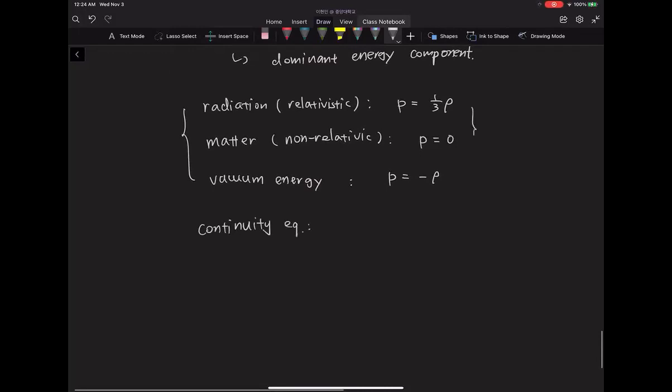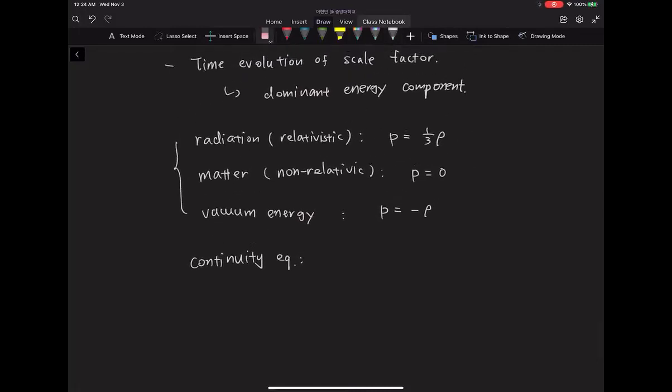By the way, we can parameterize this relation between the pressure and the energy density. We introduce w, the proportionality constant between pressure and energy density. This is the equation of state. Then for radiation, w equals 1/3, for matter w equals 0, and for the vacuum energy w equals minus 1.